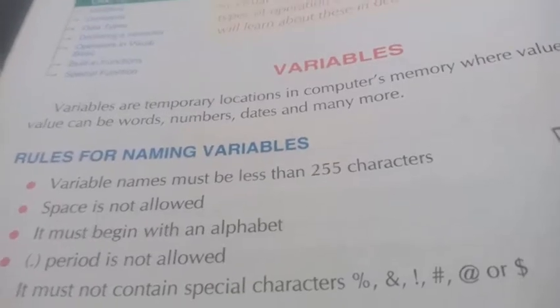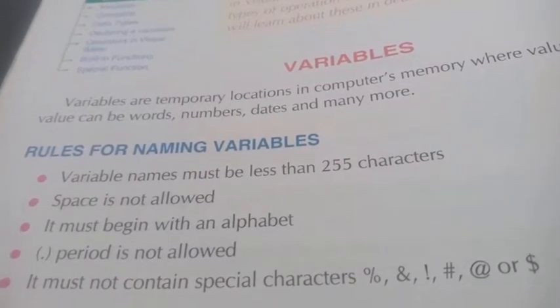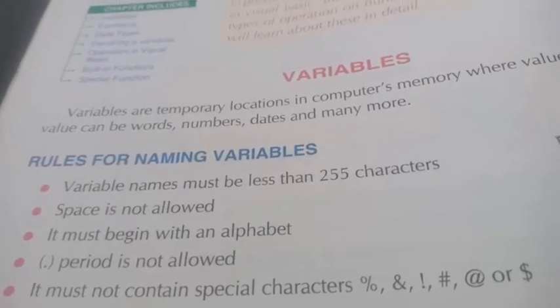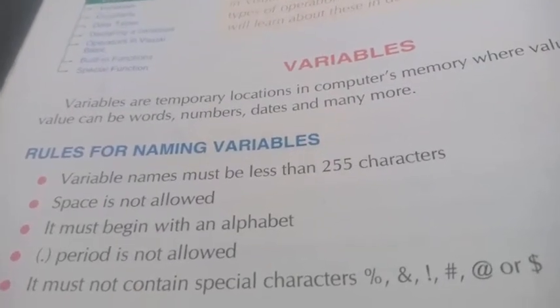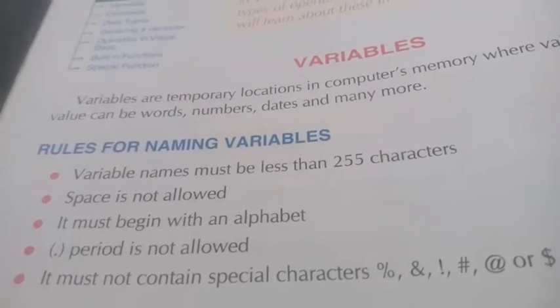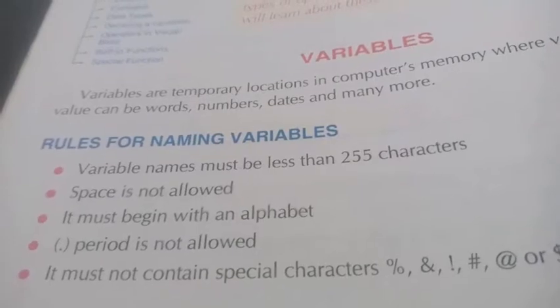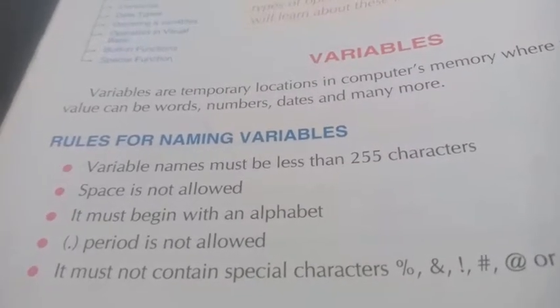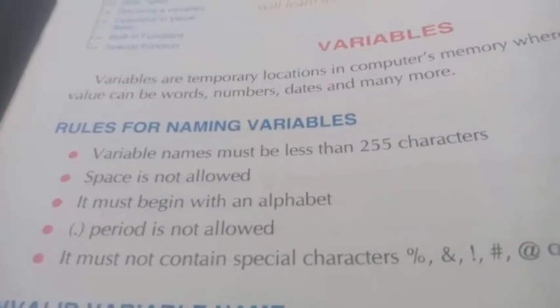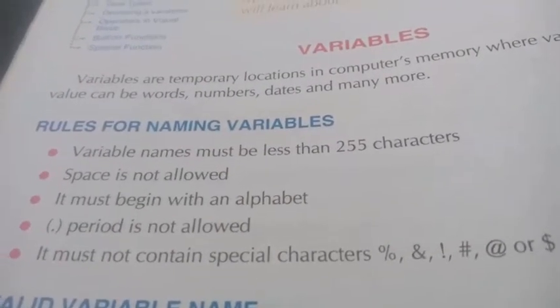For example, we need to add two numbers, 2 plus 3. First we give the computer 2 and 3, and the computer understands the plus operator, and after processing these data, the computer will take action. Okay, so this is about variable.